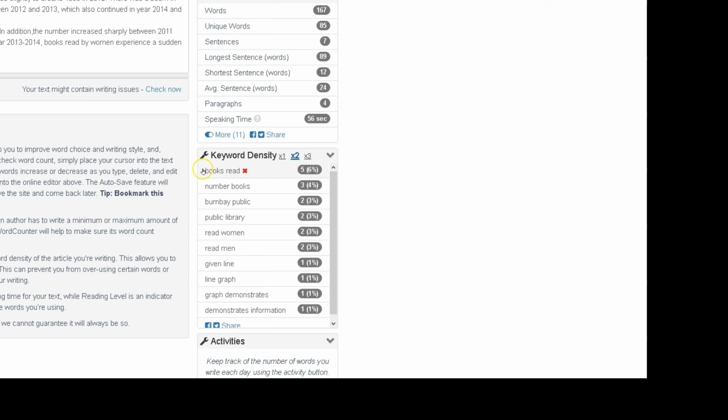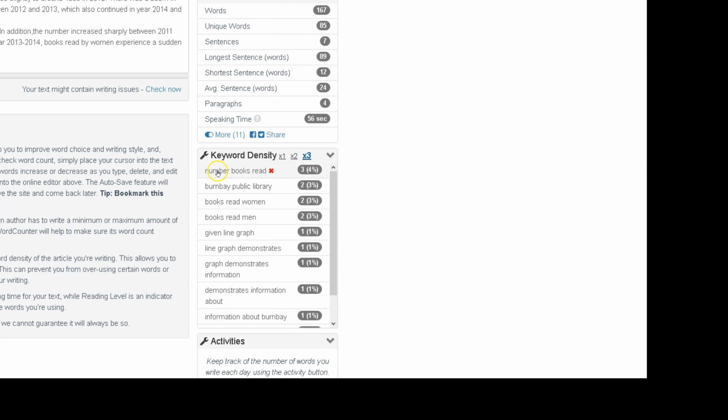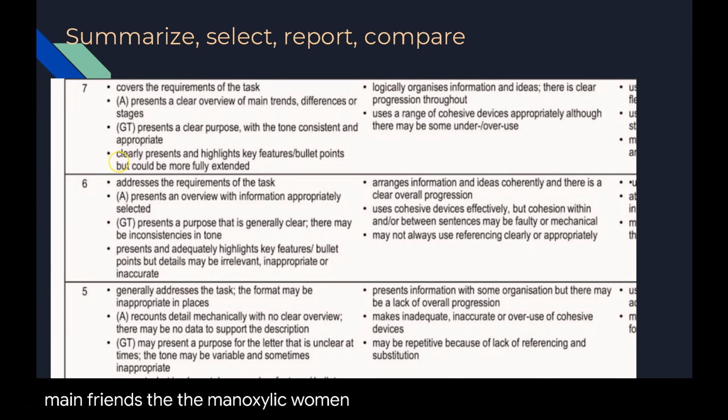Books read in that order was used 5 times. Number of books. It leaves out the little words. That was a key feature where those lines intersect with the doubling. You have to make comparisons. And if you make inaccurate points, you're not going to get better than 6. Okay?